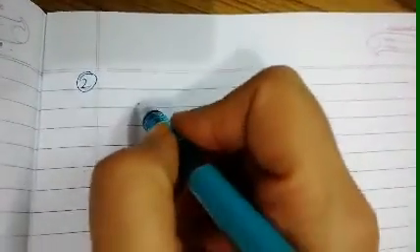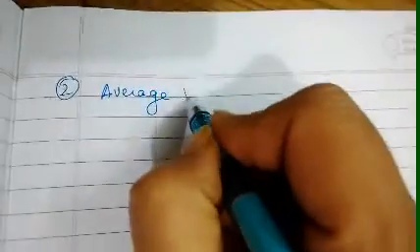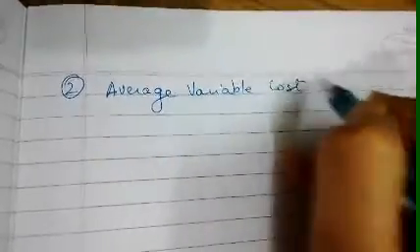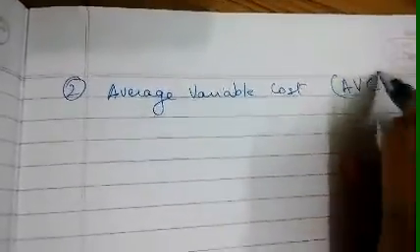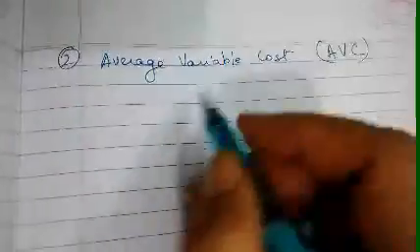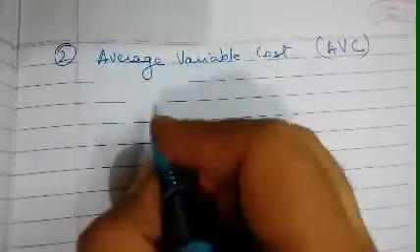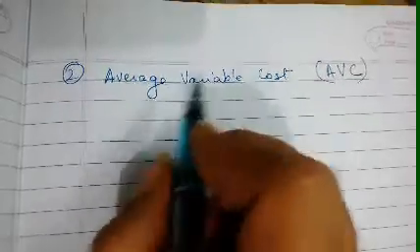Now the second component, if we talk about the second component, is average variable cost, that is, we write the short form like this. So average variable cost is always calculated as variable cost.